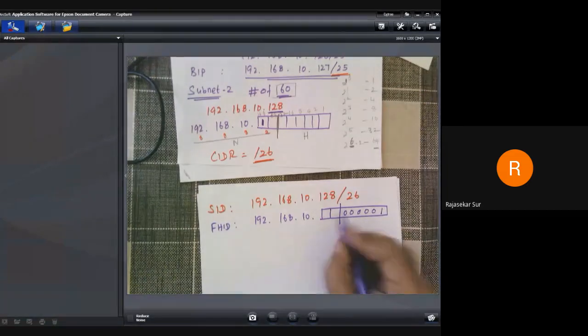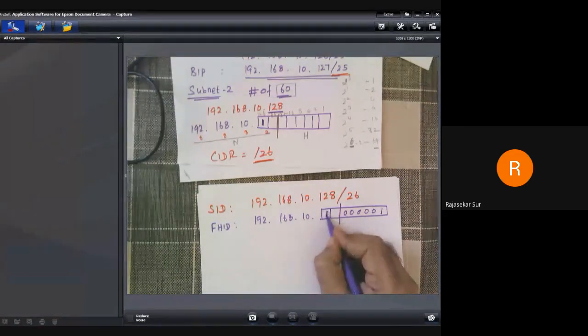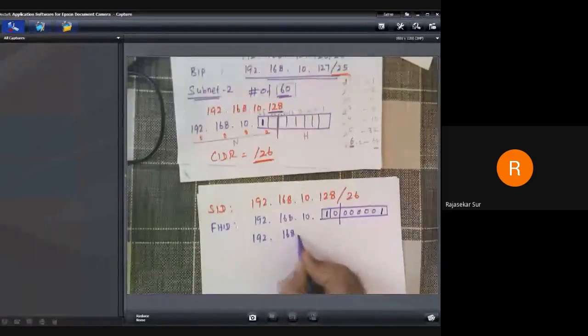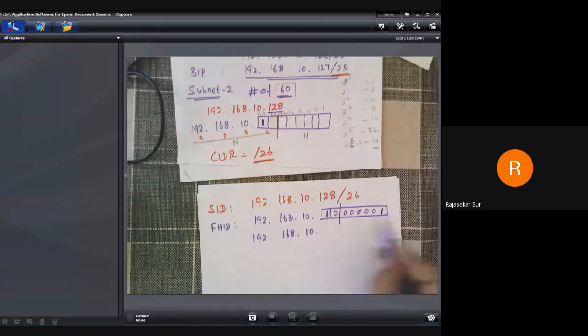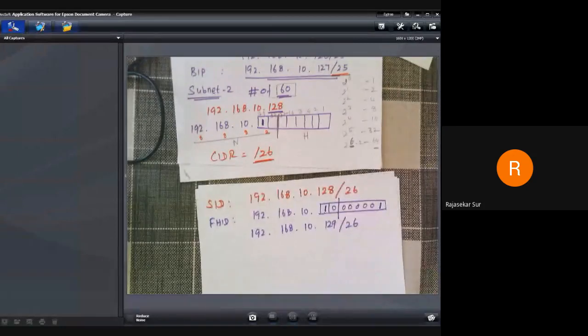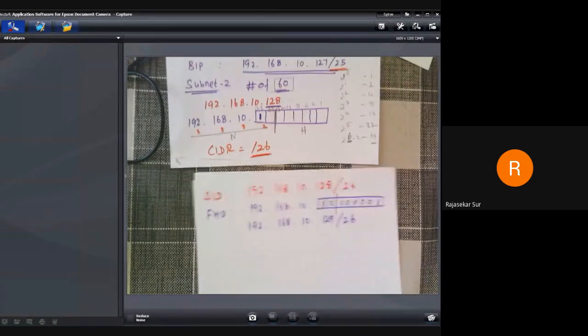Already here we have 128, meaning we already have 10 here. Now this is going to be 1. So the first host ID is 192.168.10.129/26, which is 128 plus 1.